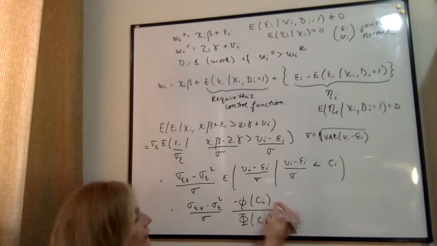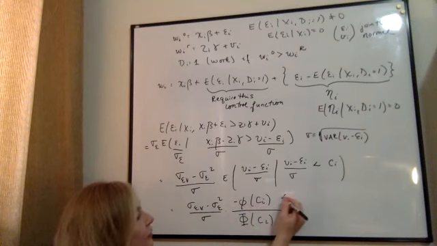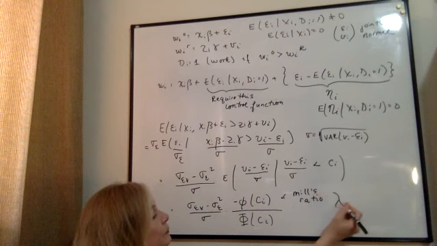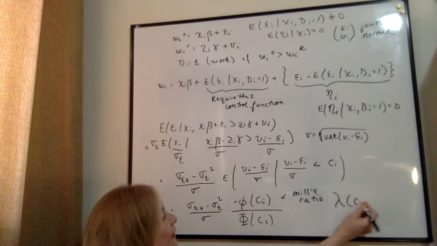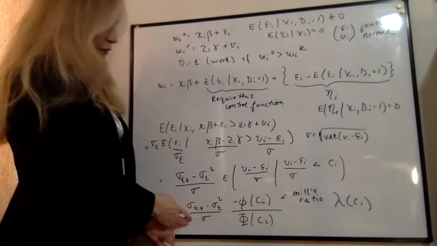So this is the Mills ratio. This term here is what's called the Mills ratio, and a lot of textbooks call this lambda, like lambda ci. And this is the control function.